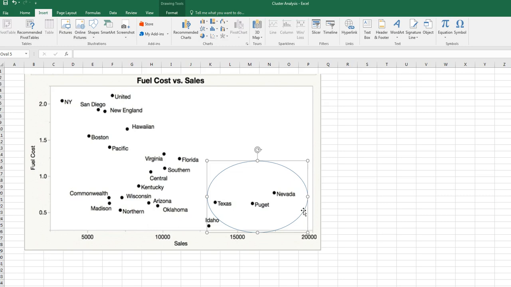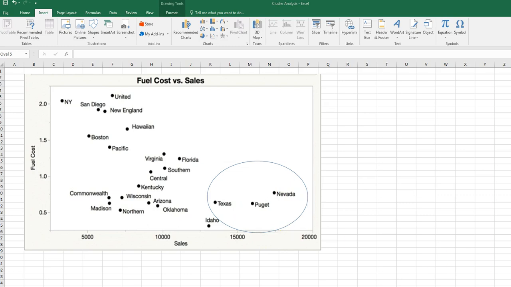So we can therefore think of clustering analysis as a measure of distance between these records, and the records that are close to each other would fall under the same cluster.